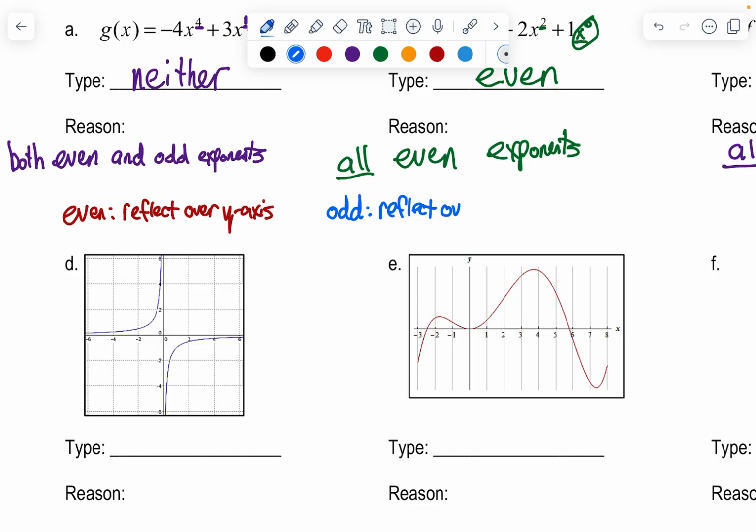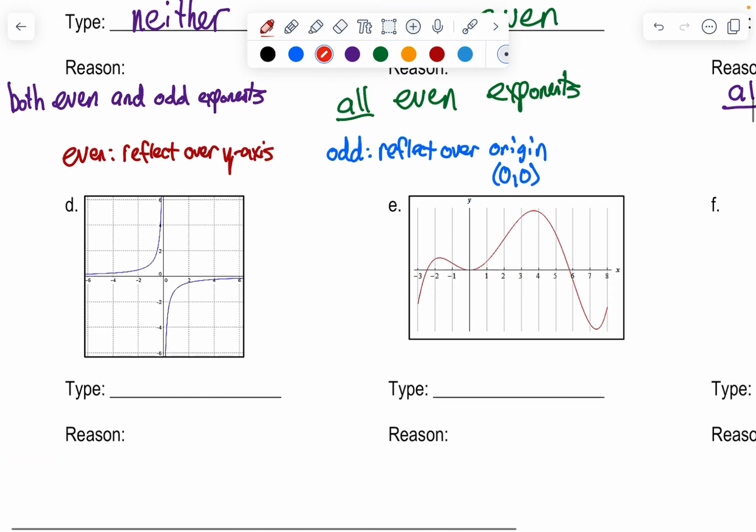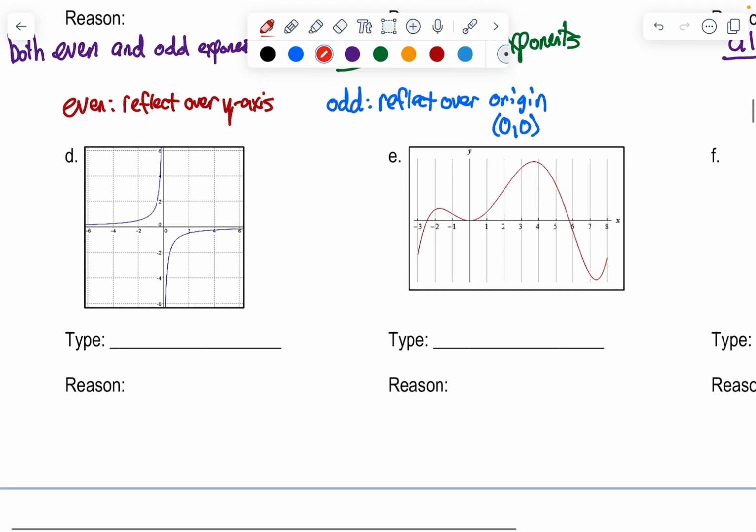I know my handwriting's not the best, and sorry, it's a little laggy. So as we go through, these are going to still be odd, even, or neither. And neither pretty much just means it doesn't reflect over either of those.